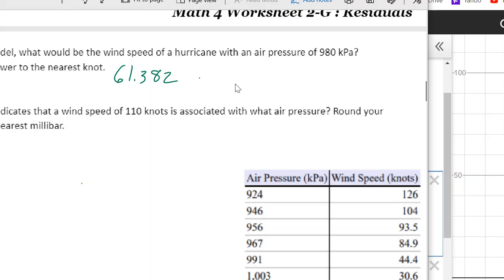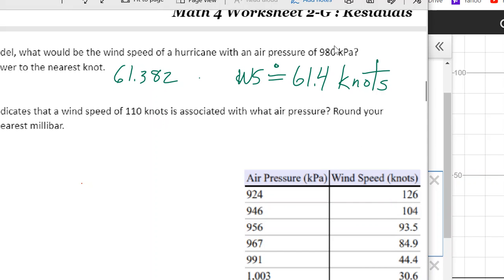So I'm going to say that the wind speed is about equal to 61.4 knots. Again, when in Rome, do as the Romans. If my wind speeds are no more precise than 1 decimal place, then that's where I'm going to round.